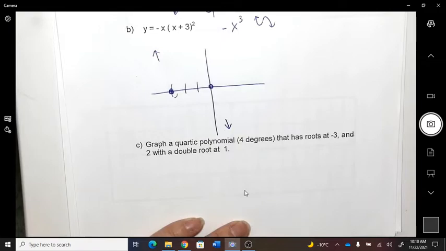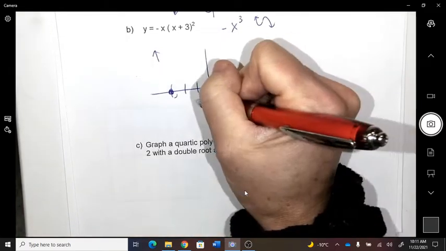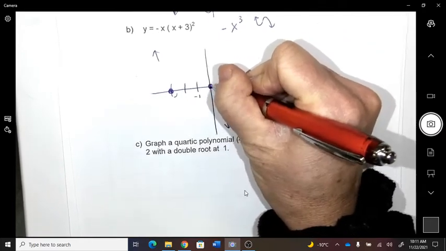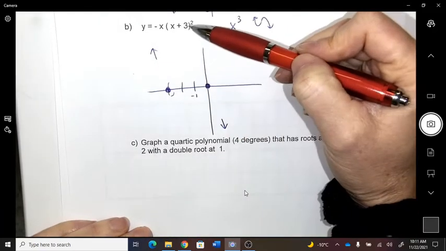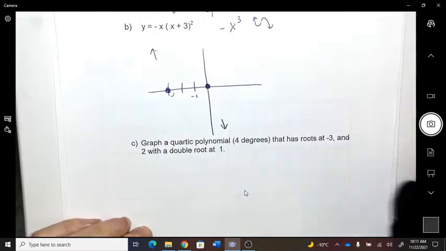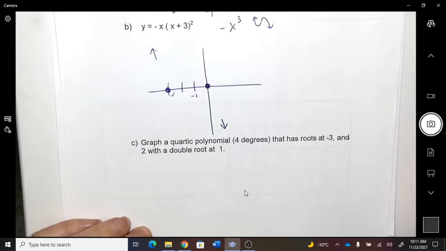And do you understand I'm not going to do the y-intercept because the y-intercept's actually already on there, right? This is the y-intercept as well as the x-intercept. It's both. Okay, we're going to have to bounce at negative 3. Okay, so can you figure out your shape? You got to bounce at negative 3.